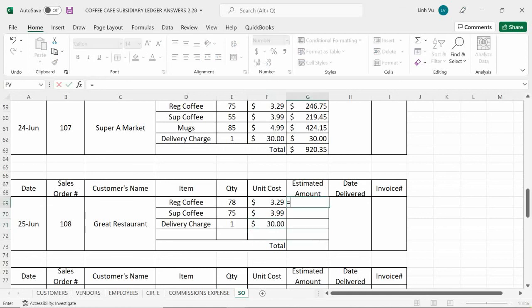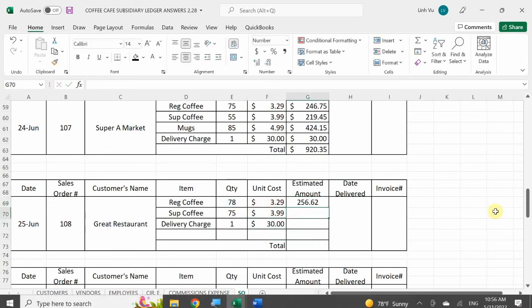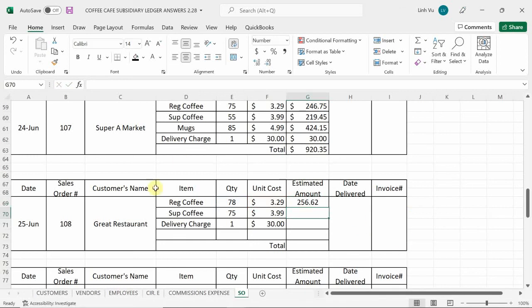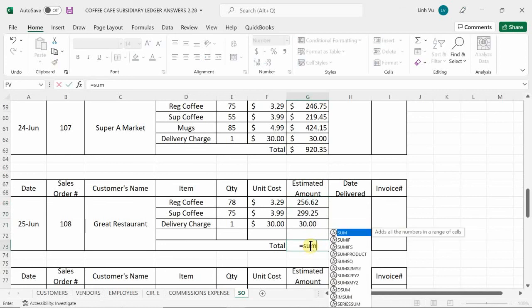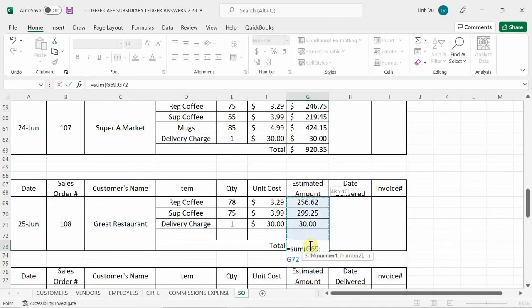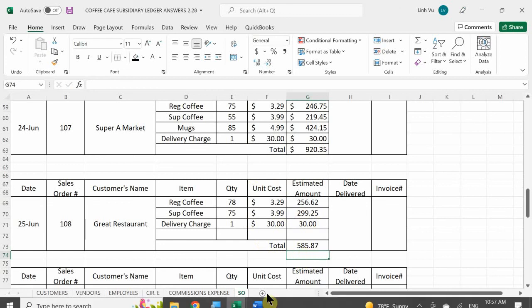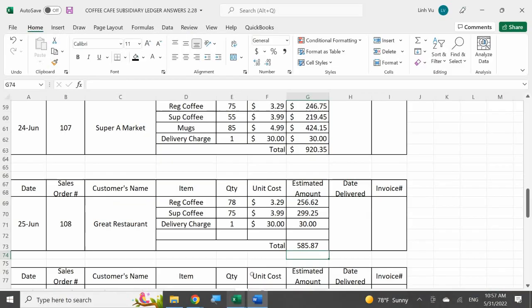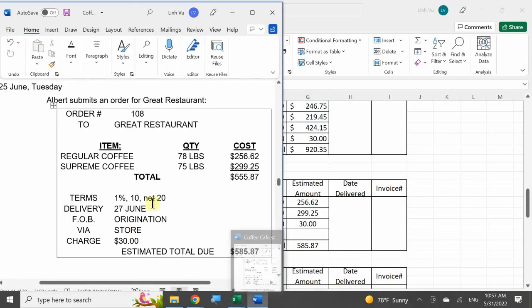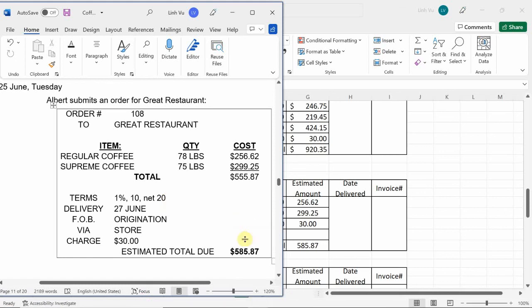So in this case, we're going to get a grand total of $585.87. Is that correct? Yeah, $585.87 is what we're going to be issuing them.